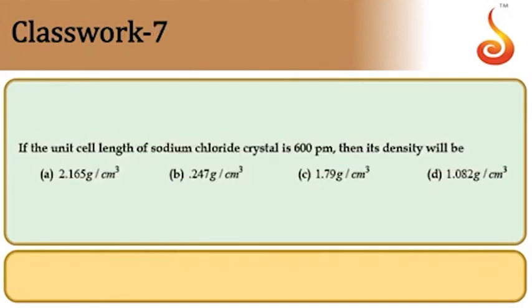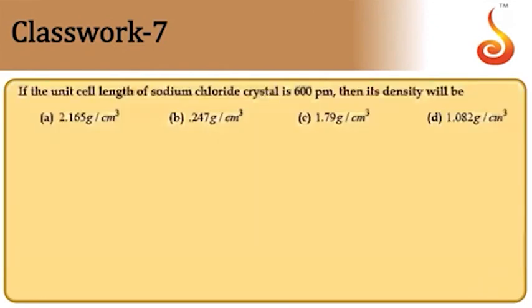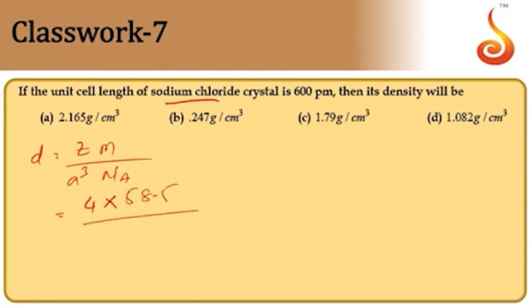Then, if the unit cell length of a sodium chloride crystal is 600 pm, then find the density. It's a direct question. So density D is equal to Z into M by a cube Na. Z is equal to the total number of ion pairs, which will be 4 in an NaCl type of crystal, 4 into the molar mass of each ion pair, 58.5, and the value of a cube.